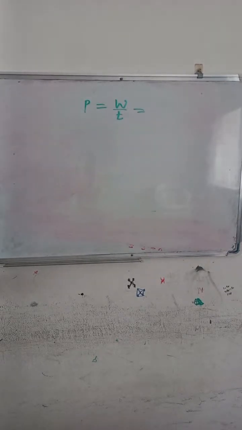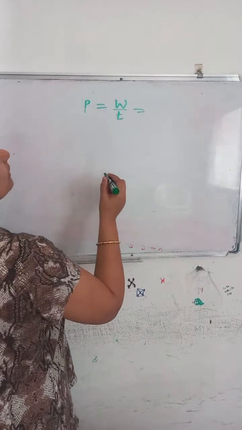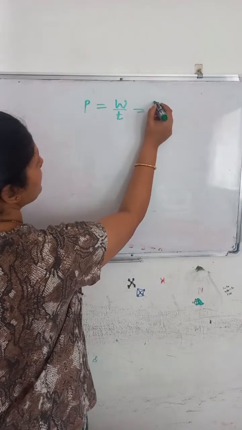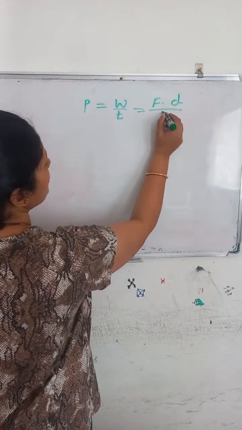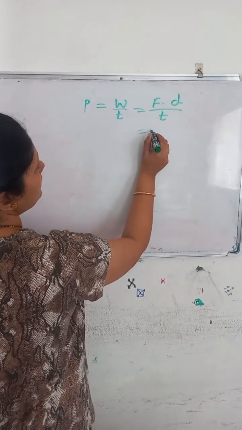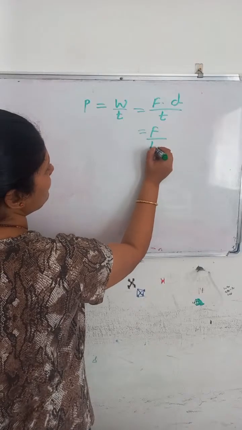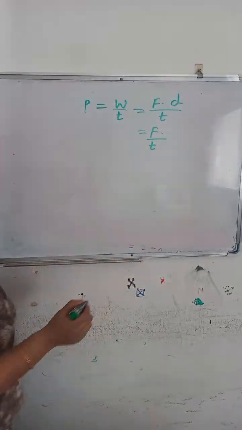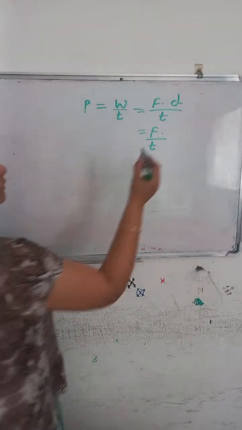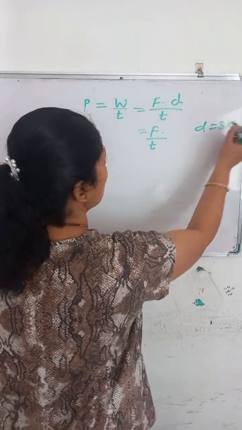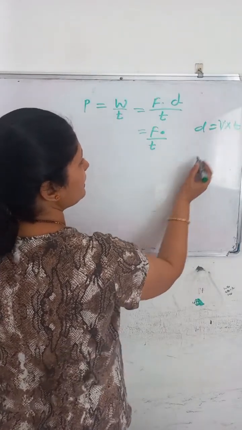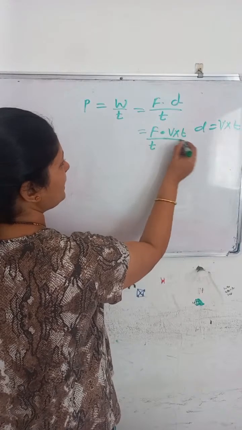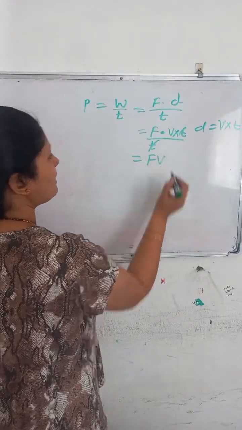Force F and constant speed V. Work done is nothing but force into displacement S divided by time T. Distance is nothing but speed into time, and speed is V here. So V into T, the T gets cancelled and I will get the answer FV.